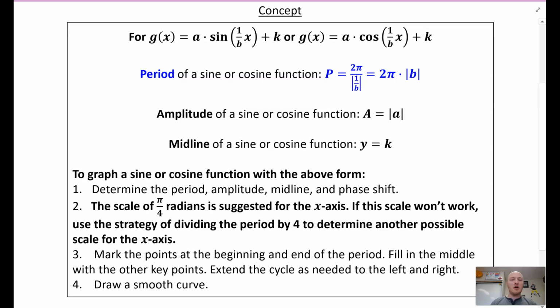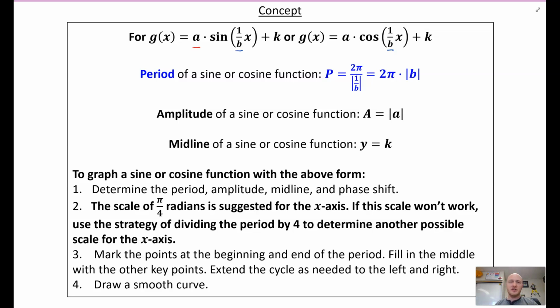So for our sine and cosine functions, we have general functions that look like this: g of x is equal to a times sine of 1 over b times x. And this 1 over b value is what's going to affect our period. Now, how we calculate the period for sine and cosine functions is we take 2 pi and divide by this 1 over b value.